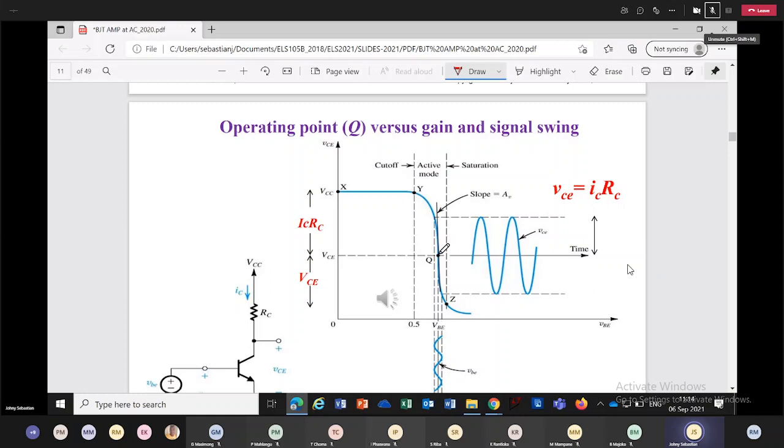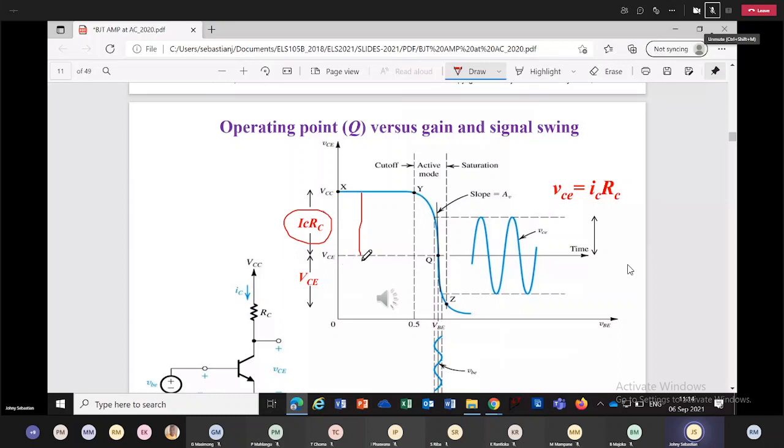You choose the Q point in the middle, you can have positive swing maximum with negative swing equally maximum. Now from this diagram, this is your positive swing that is possible before the amplifier enters into cutoff. So the positive swing is basically limited by the voltage drop across RC.